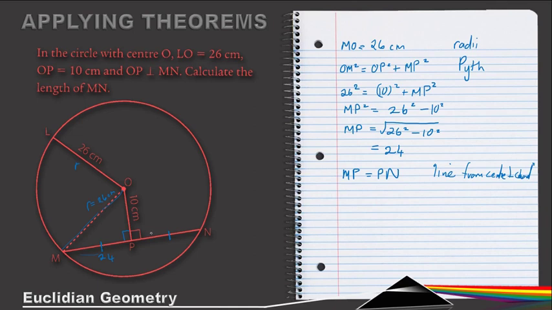And then since MP is equal to PN, we know that both are 24. So therefore we have that MN is equal to 2 times MP, which is equal to 2 times 24, which is equal to 48. And that's in centimeters.